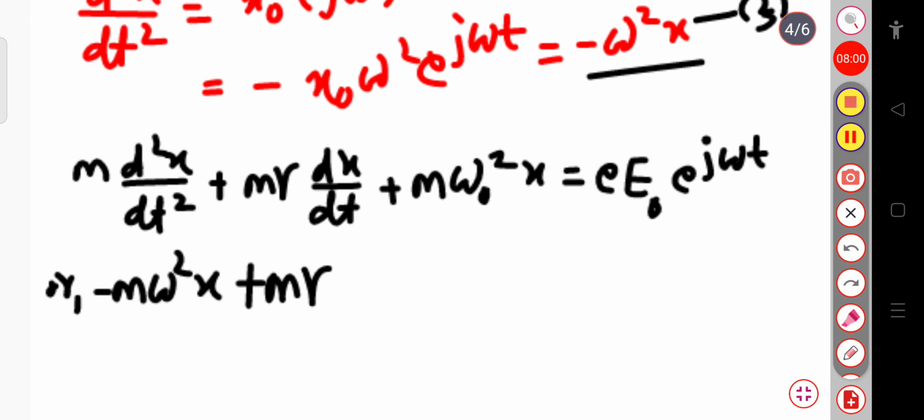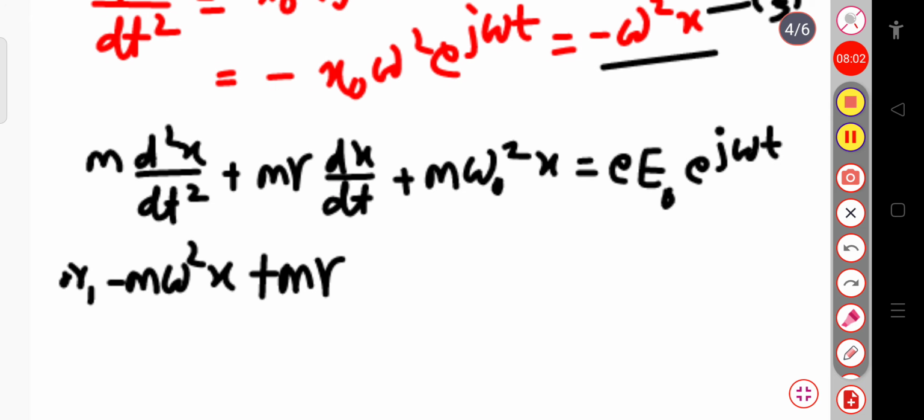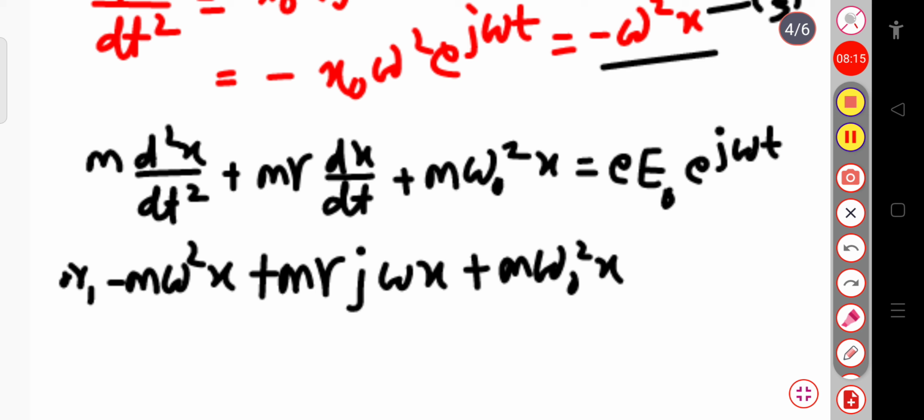Now here I will write this will be j omega x plus m omega naught square, the value of x is x, because in this term everywhere x is present, so simply I have to write x. Okay. So this will be equal to e E naught exponential j omega t.